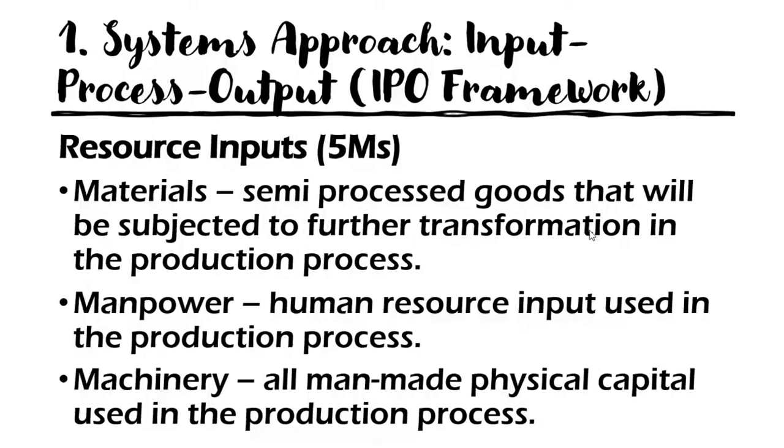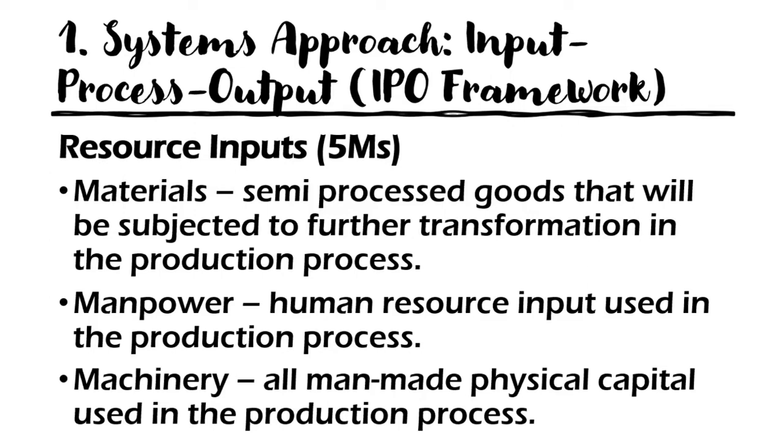For example, ang isang manufacturing company, okay? Kunwari, ang manufacturing company na pinili natin, kunwari, Gardenia. Yan. So, for the raw materials, ano nga ba yung mga ingredients sa paggawa ng tinapay? So, basically, yun yung tinatawag natin na materials.